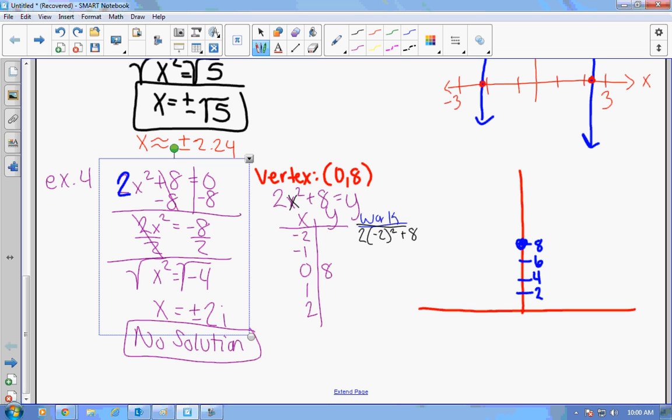Negative 2 squared is 4. 2 times 4 plus 8. Now we multiply, right? Connor P, what do we get when we multiply? 2 times 4, yep. So that would be 8. So we have 8 plus 8, which is 16.